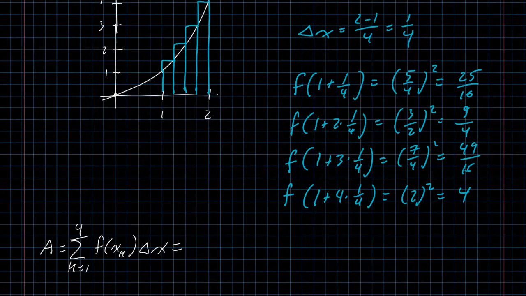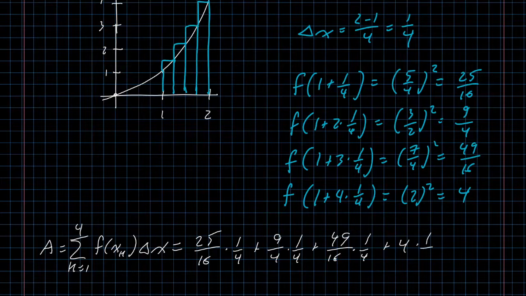All right, so in this case, f of xk when k is 1 is 25 over 16. And then we have 9/4. We have 49 over 16. And we have 4.